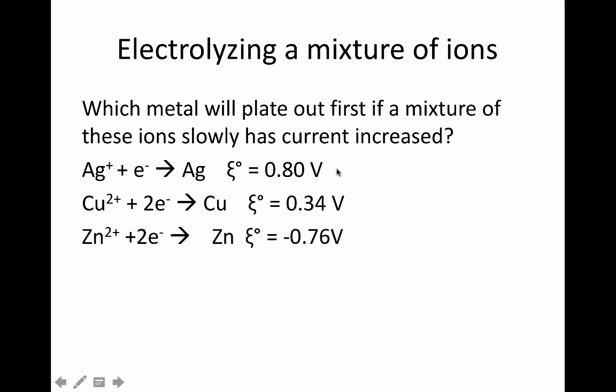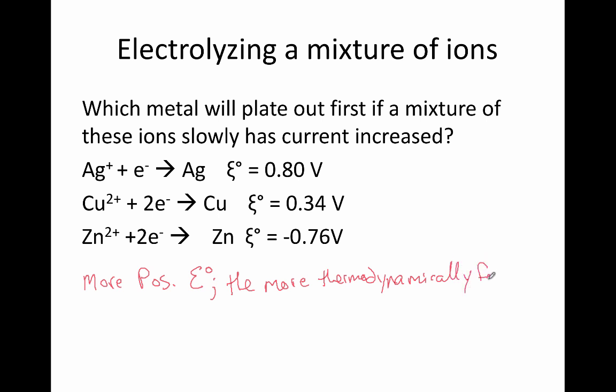Well, remember that the more positive the voltage, or the reduction potential, the more thermodynamically favorable. And the more thermodynamically favorable, the faster it's going to happen.